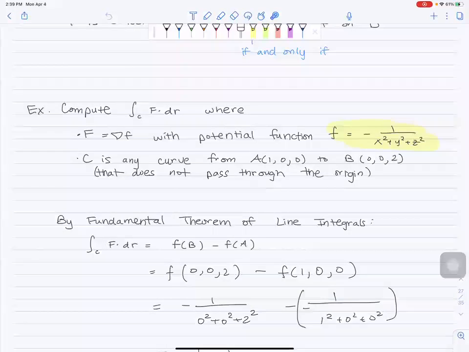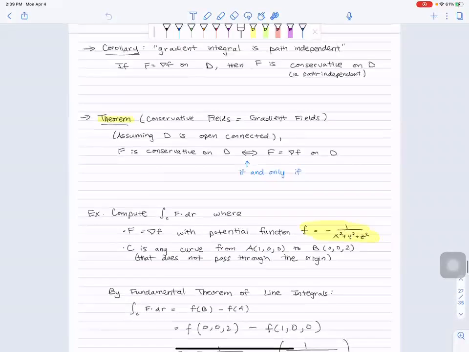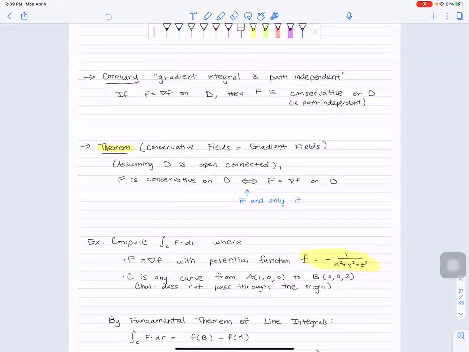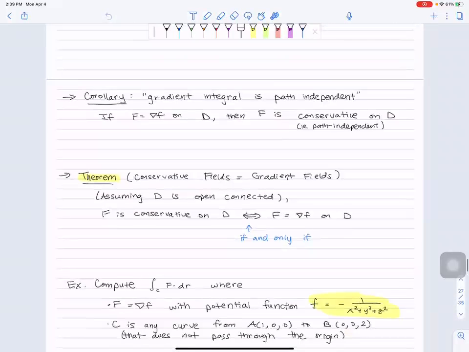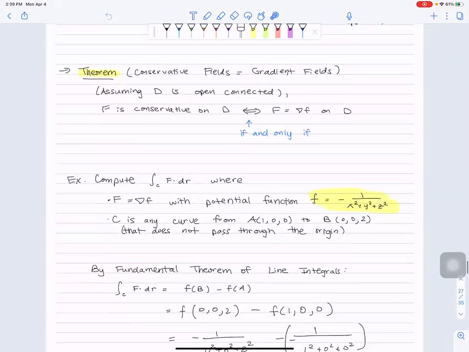So wait, let me get back to your original question. Why does it have to be the gradient? Potential function for curves.